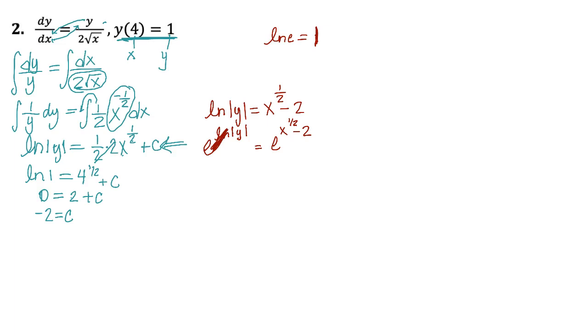So you're left with the absolute value of y, which is going to be just y, equals e raised to the square root of x if you want, or just the other, and then minus 2. And you can leave it just like this. At the moment, you're welcome to leave it at this. Either one.